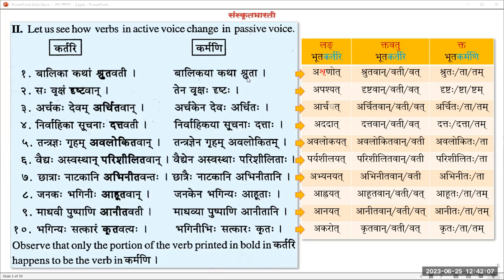In bhave, we are advised to assume Napumsaka Ekavachana because there is no karma pada. Since here we don't know the karma pada, we do the same. Slightly different reason. So balikaya shrutam. But if you say balikaya shruta, balikaya shrutaha, nothing wrong. In bhave, it will be grammatically wrong. In karmani, it won't be wrong. Okay, Mahodaya, that's all. Now you can do the same for others, but you got the idea, I think.